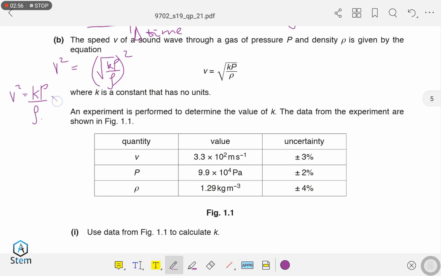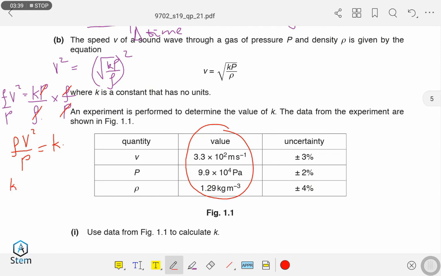Okay, I think let us multiply both sides by ρ over P. We'll do the same, ρ over P, and the right hand side is going to look like this. ρ will take out ρ, P will take out P. So we now have ρ V squared divided by P is equal to K. Now if we substitute the data that is given in the question into those variables ρ, V squared and P, we will definitely get our K.